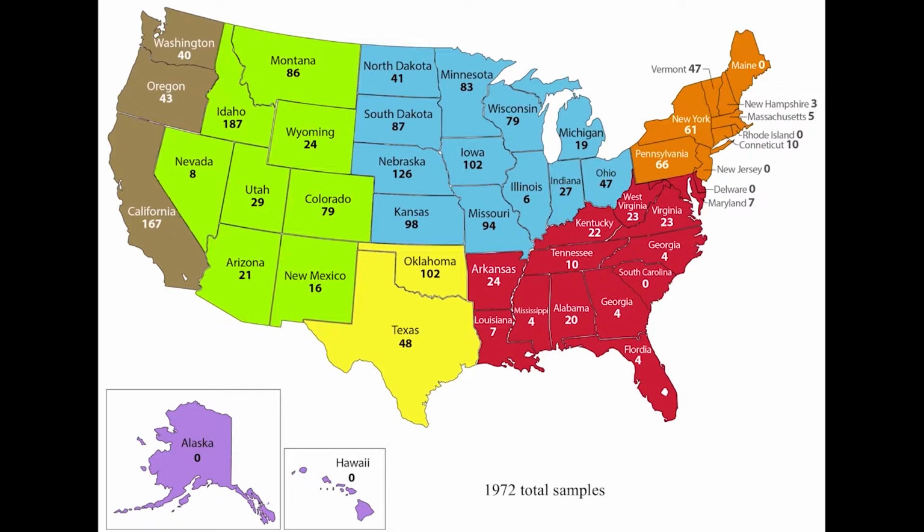On the next slide, you see the states, and then we've divided them into geographic locations. You see that we used 1,972 samples. We got 2,000 samples in, but some of those samples just weren't adequate for testing, either because there wasn't enough of them or there were some problems with storage.